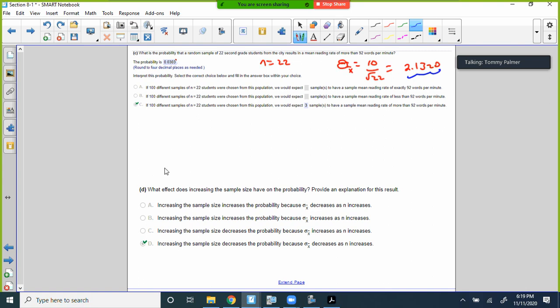So we do this now, normal CDF of more than 92, again 92, 1E99. All we're doing is increasing our sample size, right? Again, that's 88, and we've got 2.1320. And then we would get this, 0.03.